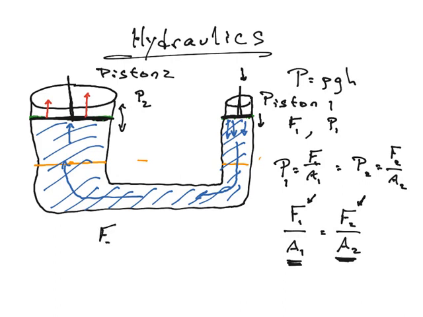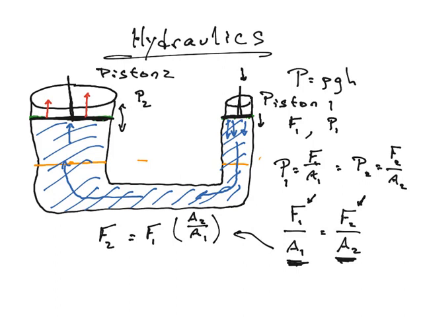The force felt by piston 2, if I rearrange this algebraically and move A2 up here, is whatever force you pushed on piston 1 with times the ratio of the area of piston 2 to the area of piston 1. Okay? So all I did was I said the pressure at piston 1 must be the same as the pressure at piston 2. I then wrote what pressure is by definition, and then I rearranged it algebraically for how much force piston 2 is going to feel. And I get this result.